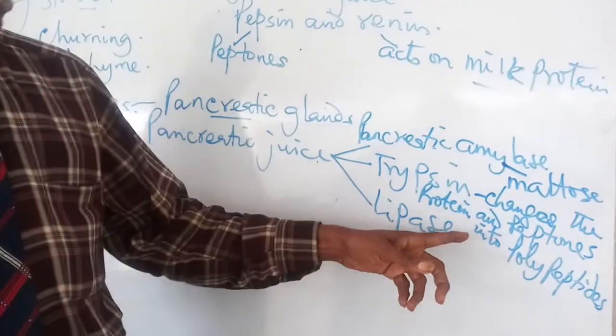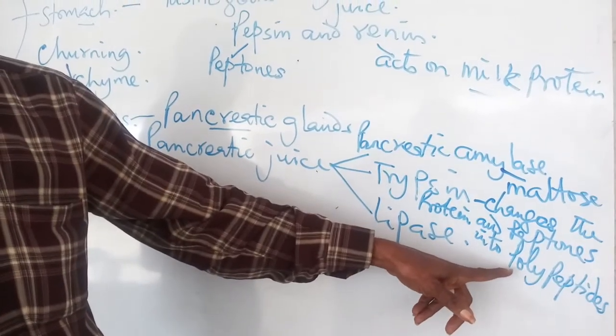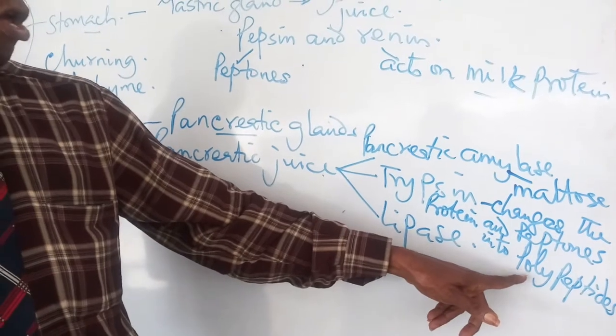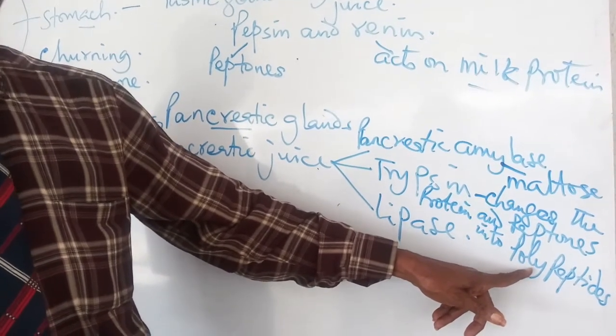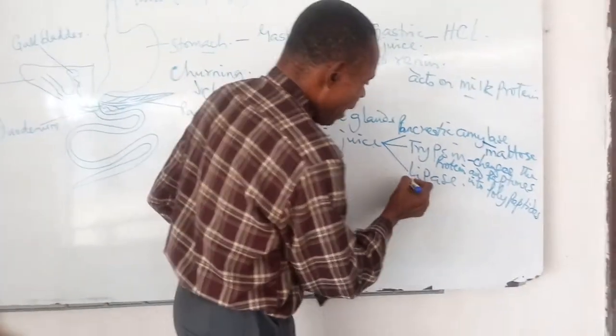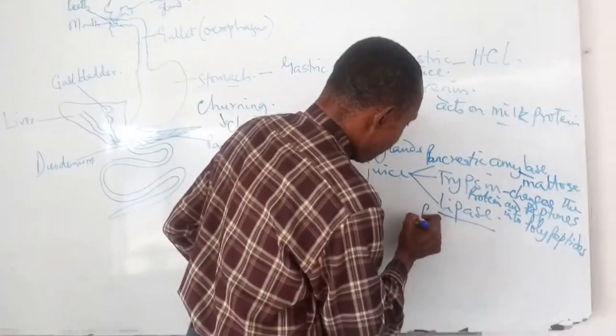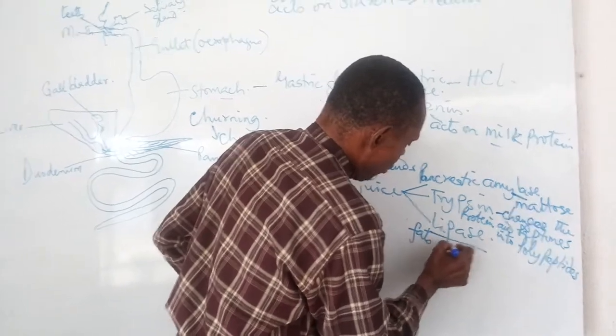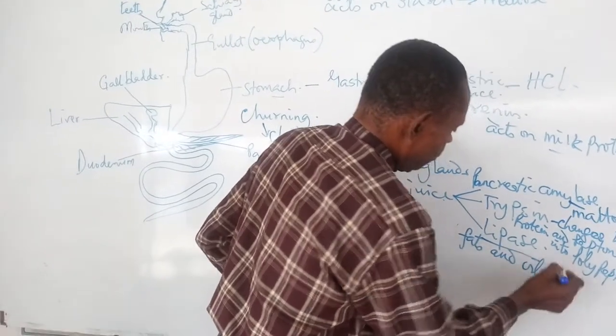And then you see that at this point, the protein is further broken down into polypeptides. Lipase here acts on fats and oils.